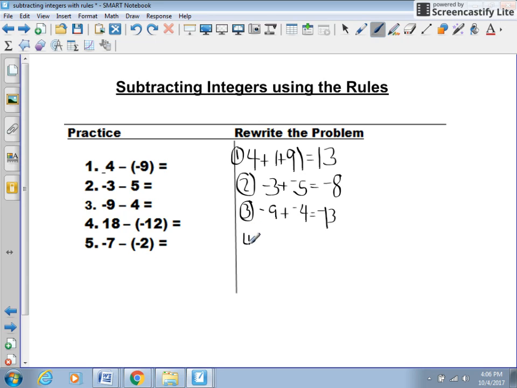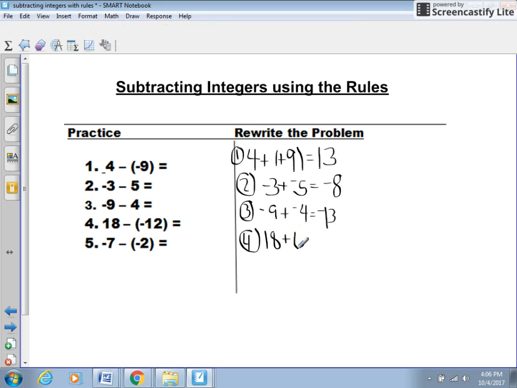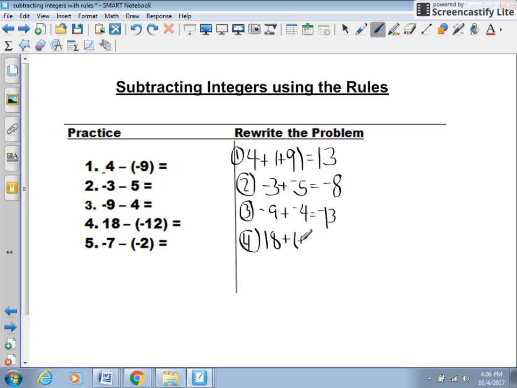Number 4 gets a little trickier. I have 18 plus positive 12. So for this, what is 18 plus 12? 18 plus 12 is 30. Both of my numbers are positive, so my answer is positive 30.